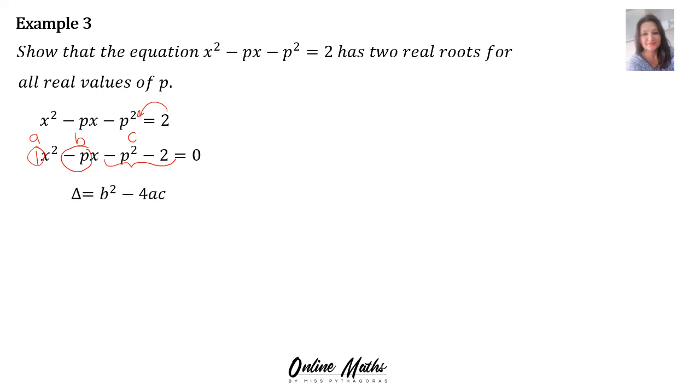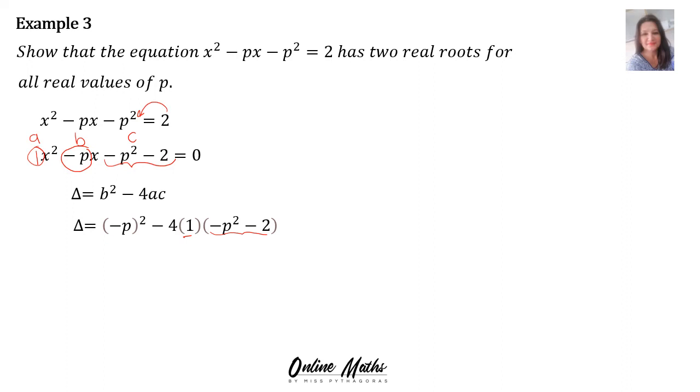Then into the discriminant, delta is equal to b squared minus 4ac. I will substitute. In b's place, negative b squared inside a bracket minus 4, a's value is 1 and c's value was both terms, negative b squared minus 2.